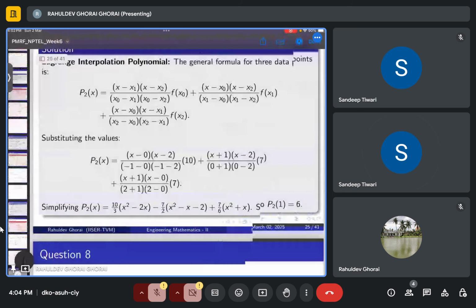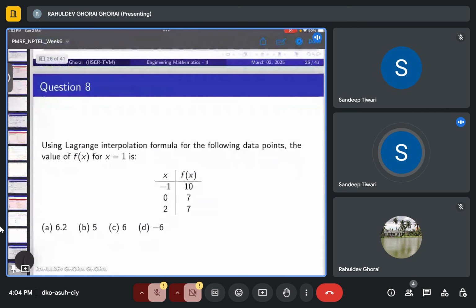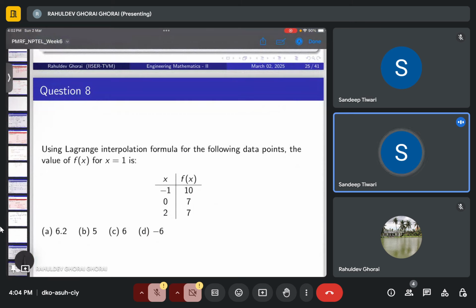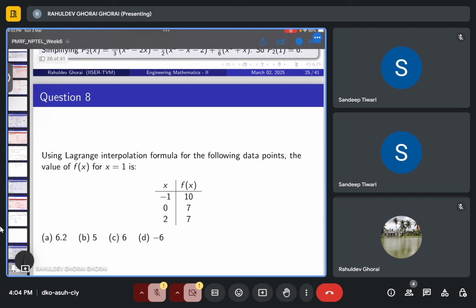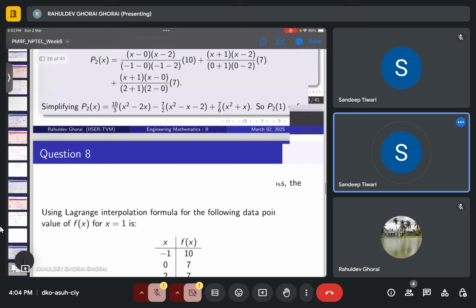So it's given also here. This is Lagrange interpolation. We have done this same question already.